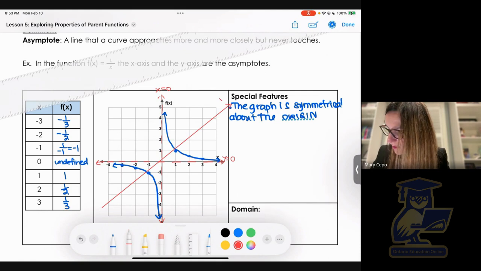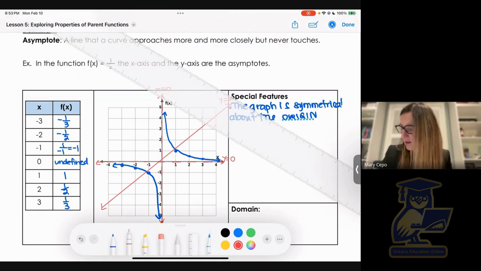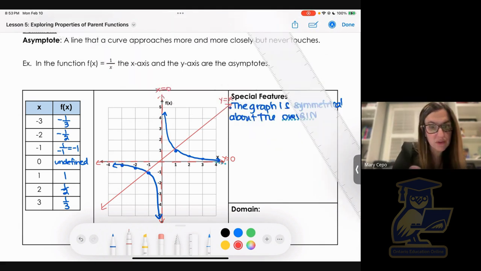So y equals x, just to show that it is symmetrical. That means these are direct reflections of each other. Notice that it crosses through 1 and 1.